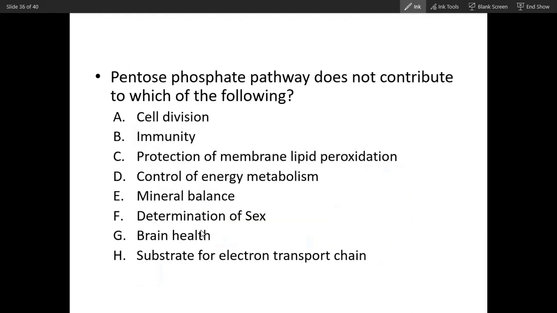So let's see this. Pentose phosphate pathway does not contribute to which of the following processes? Answer, please. Mineral balance.